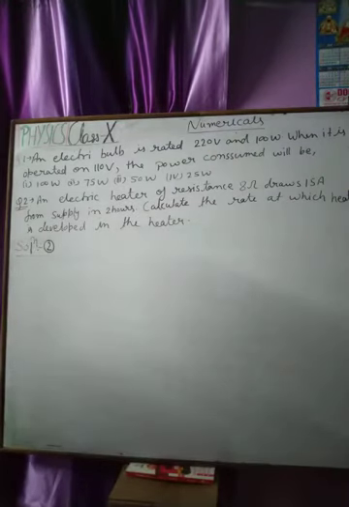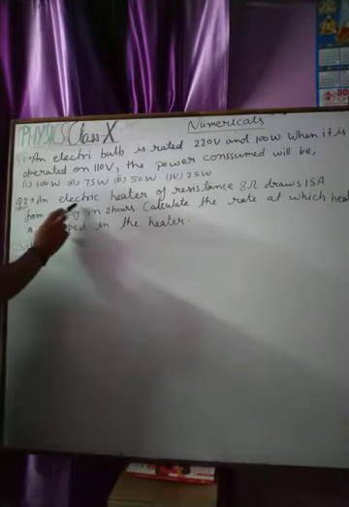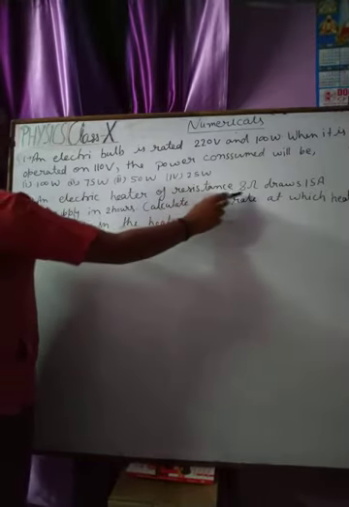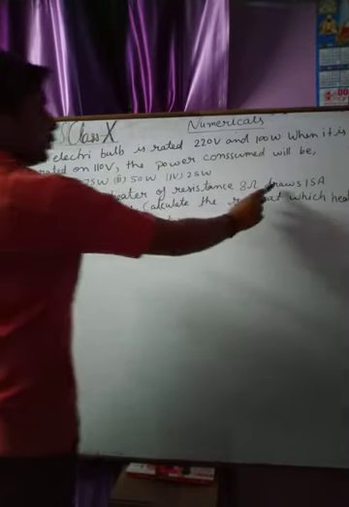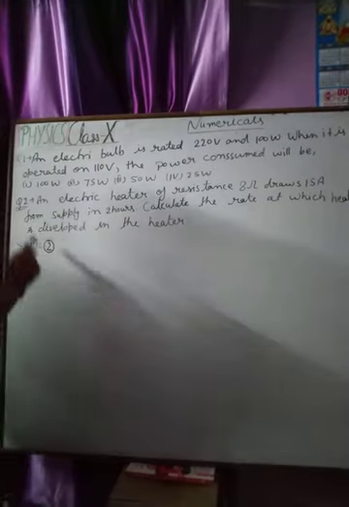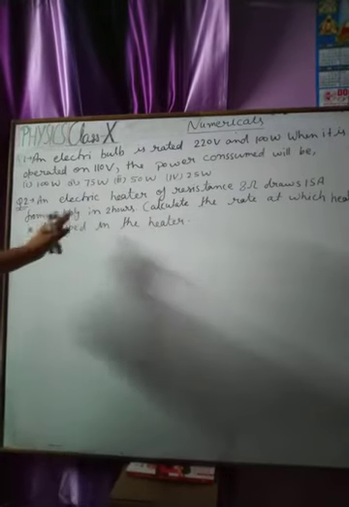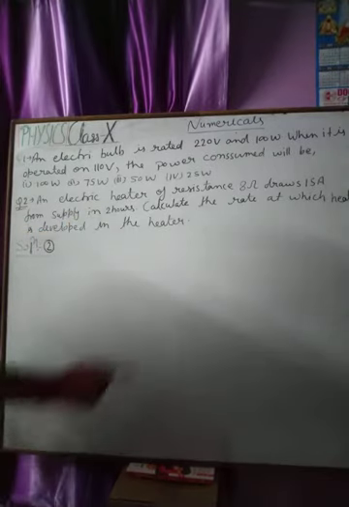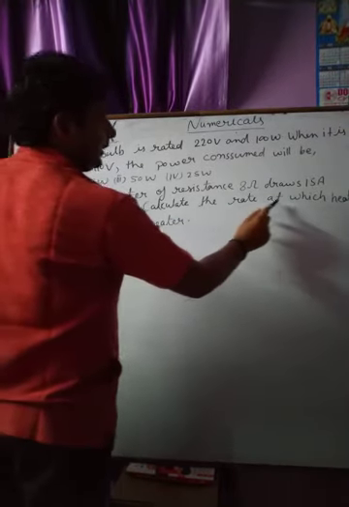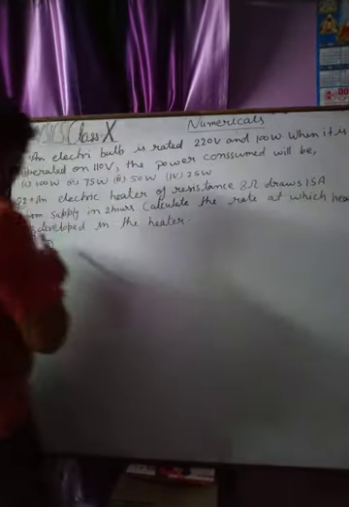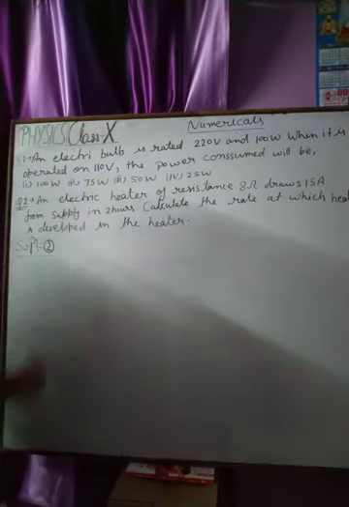In the first numerical, we have an electric heater of resistance 8 ohm that draws 15 ampere current from the supply, used for 2 hours. Calculate the rate at which heat is developed in the heater.